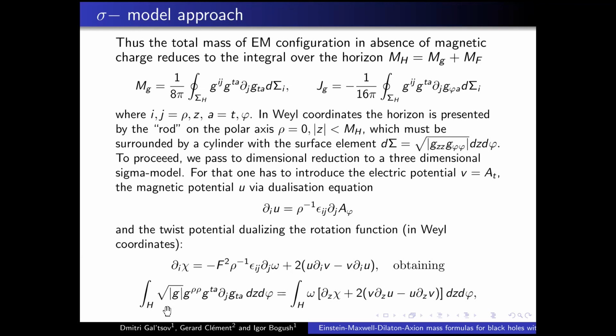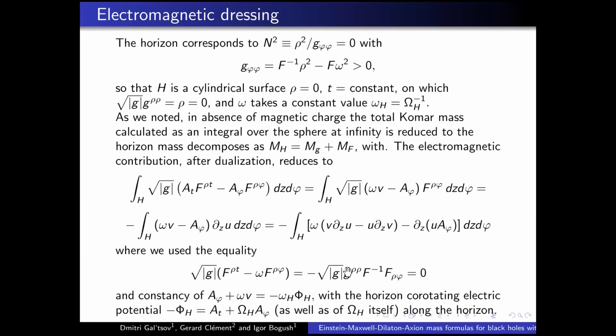Then you have to calculate something, so you transform to that form using this chi, the twist potential. Then you use it at the horizon, actually. In Weyl coordinates, the horizon is just the rod along the axis, the rod which is at rho equal to 0.